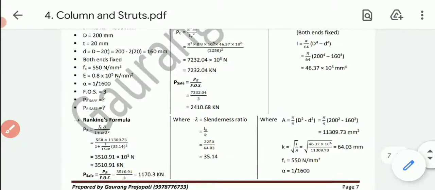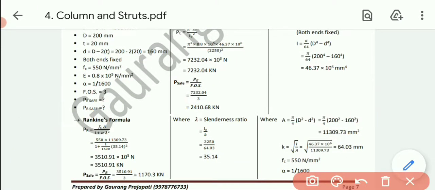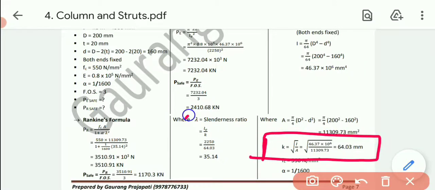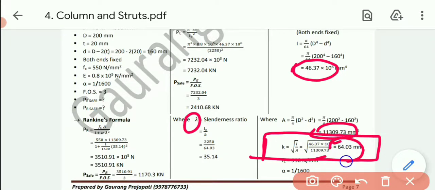Now we have the value of I as well, over here, 46.37. So let's calculate k, root of I by A, to get the value of lambda. I is 46.37 into 10 raised to 6, and area is 11309.73. By solving this I will get the answer 64.03 mm. That's the value of k.